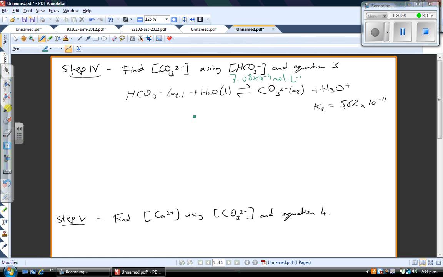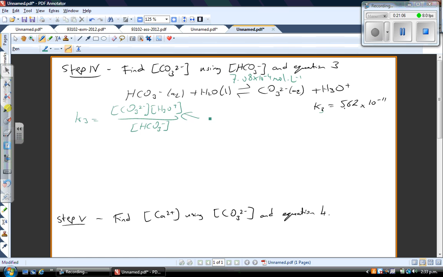Using our equation number 3 here, which was hydrogen carbonate plus water, breaks up into carbonate ions plus hydronium ions, and the K3 for that is 5.62 by 10 to the minus 11. So K3, our equilibrium expression, is equal to the products times each other over the concentration of reactant. Again, we're assuming that the concentration of water is constant, so we don't include it in the expression.